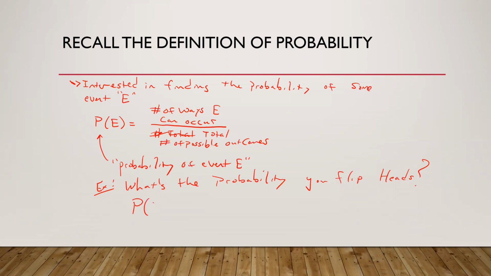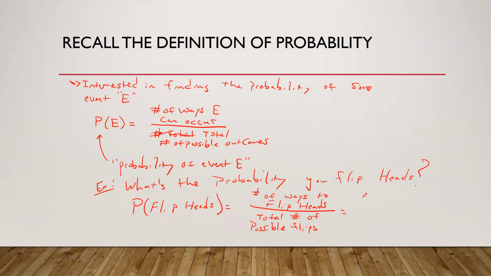The probability you flip heads is equal to the number of ways you can flip heads divided by the total number of outcomes, or total number of possible flips. Well, the number of ways you can flip heads on a coin is just one way, right?